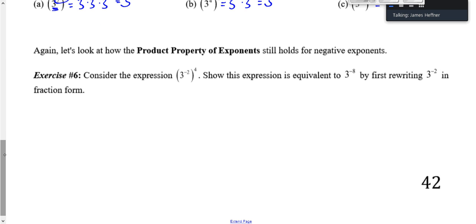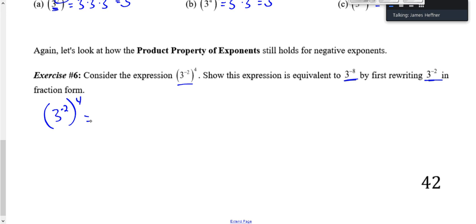Now we're doing kind of the same thing, except we have a negative exponent in there, don't we? So we have 3 to the negative 2 to the 4th power, right? And they want us to show that it's equivalent to 3 to the negative 8, right? By first writing this 3 to the negative 2 in fractional form, right? So how are we going to do that? Let's start out with what they have, 3 to the negative 2, to the 4th power, right?